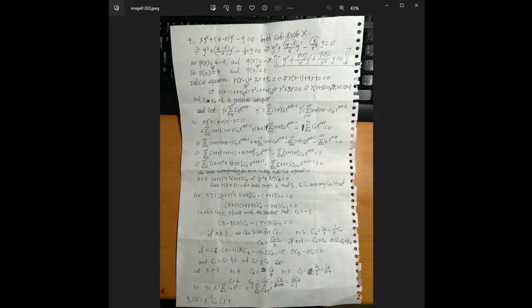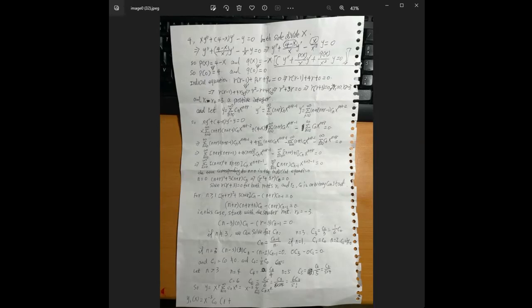The final term is a power series with n equals 0. Here the coefficient is (n plus r) squared plus 3n plus 1, times c n times x to the n. The power is n plus r minus 1.